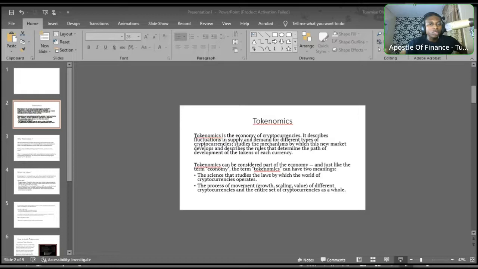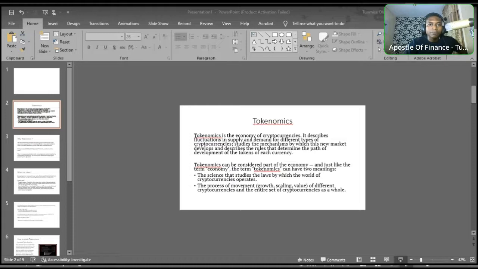The question is, what is a token at first? What is a token? Some of us might have heard the word token even before we got familiar with the crypto world. Someone will say, let me give you a token, or, manage this, it's just a token.